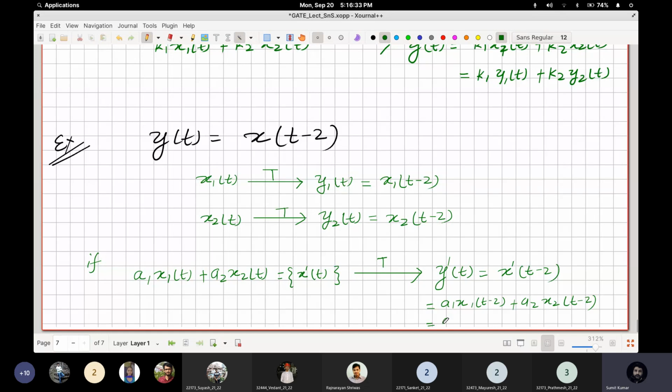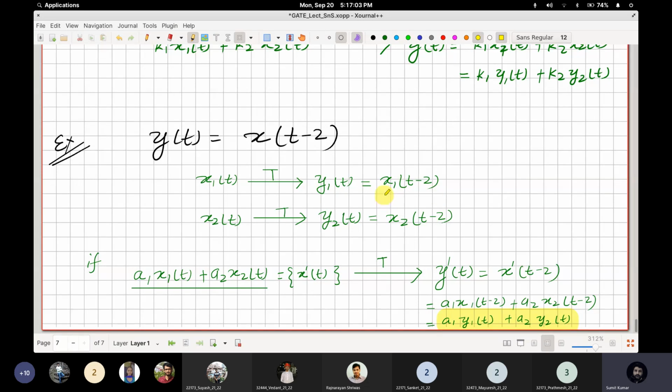Am I right or wrong? So this will in turn be equal to a1 y1(t), where y1(t) is x1(t minus 2), plus a2 y2(t), where y2(t) is equal to x2(t minus 2). So you can see that a1 x1(t) plus a2 x2(t) is producing a1 y1(t) plus a2 y2(t).